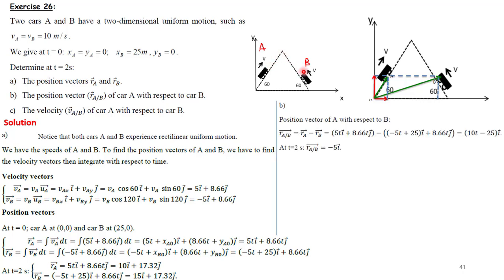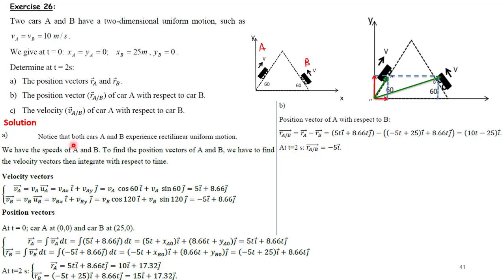We need to apply the rule: RA relative to B is equal to RA minus RB, because R absolute is equal to R driving plus R relative. So R relative is equal to R absolute minus R driving. Here, the driving motion is the motion of the car, so this is RB. We need to subtract RB from RA to obtain RA with respect to B at t equal to 2 seconds.